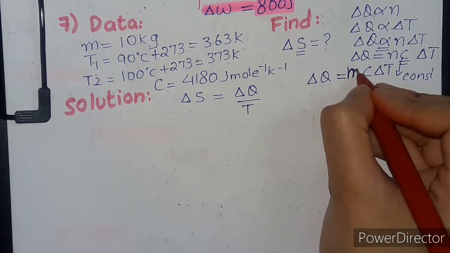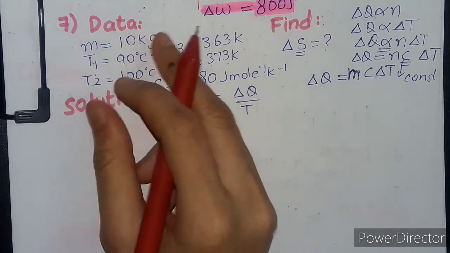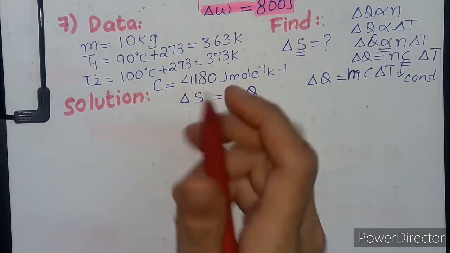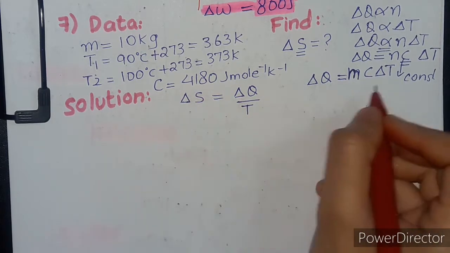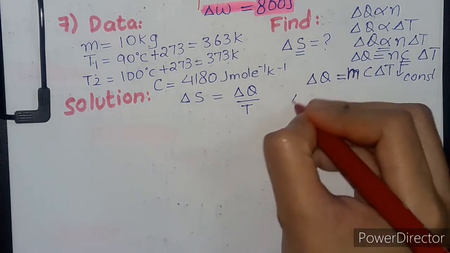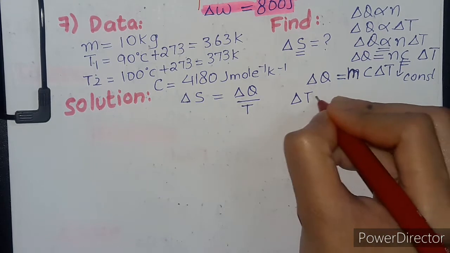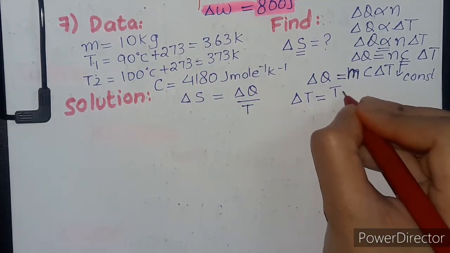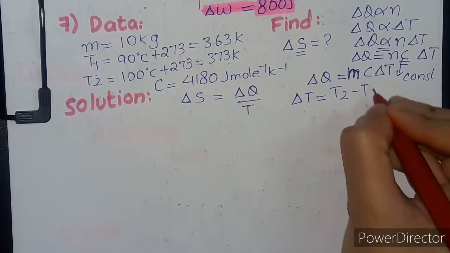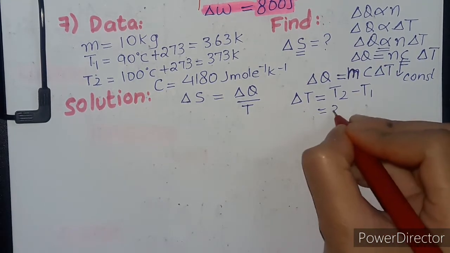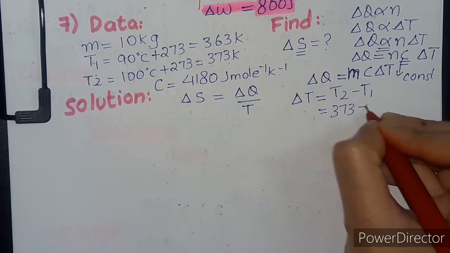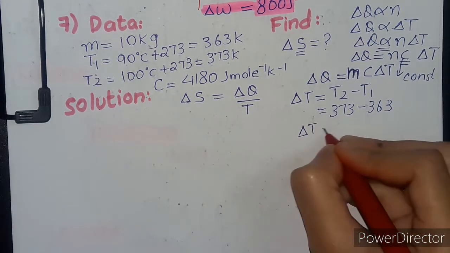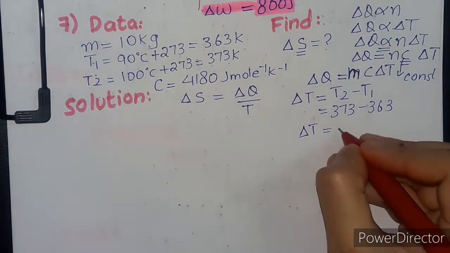We are using m, the mass, because we are only given the mass, and we can use the specific heat of water. The change in temperature we can find easily because we are given the two temperatures. It will be T2 minus T1, which is 373 minus 363. Then we get the change in temperature, which is 10 Kelvin.